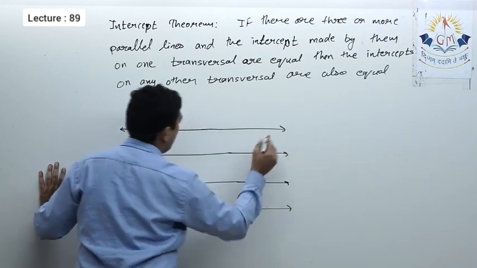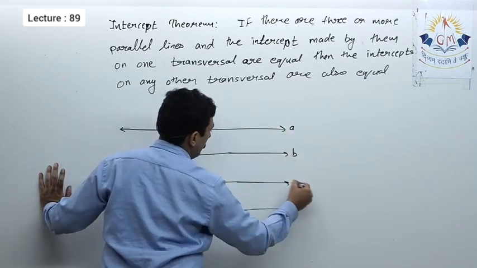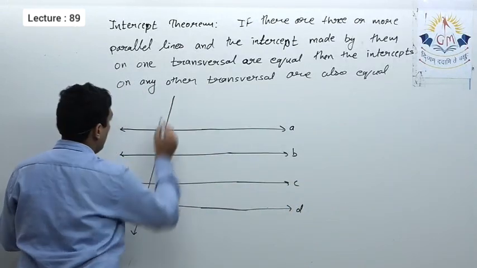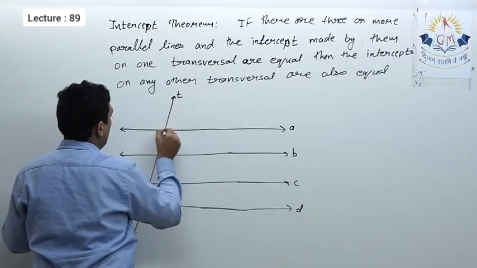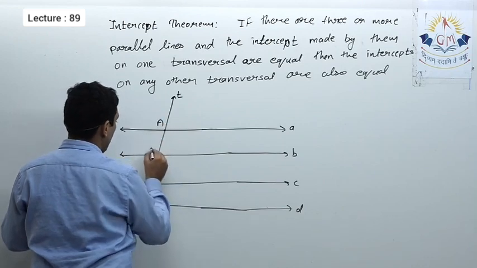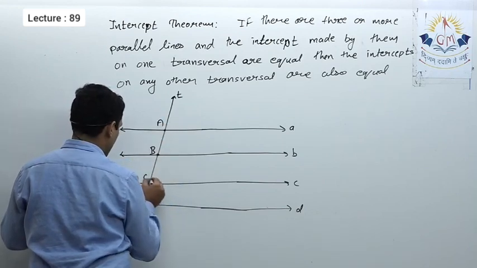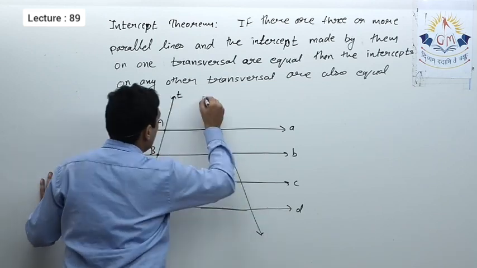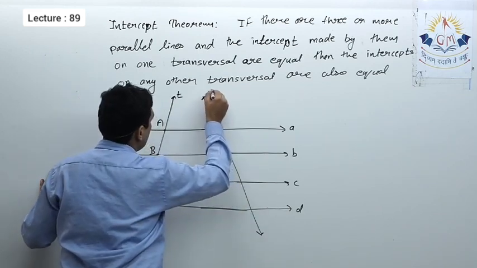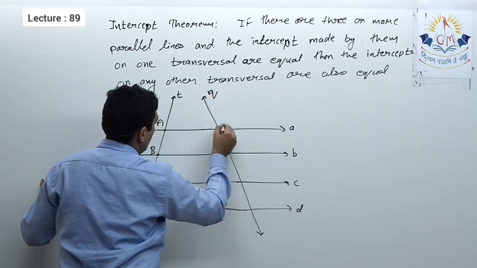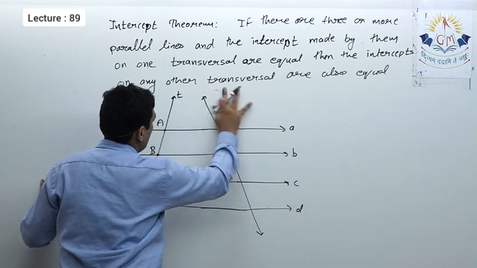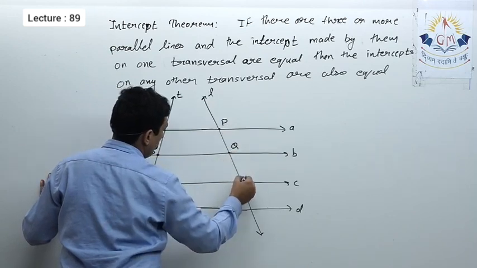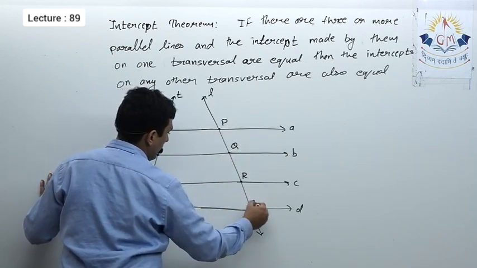Let the lines be A, B, C, D, and this is the transversal, suppose T, and AB equal to BC equal to CD, then PQ will be equal to QR will be equal to RS.